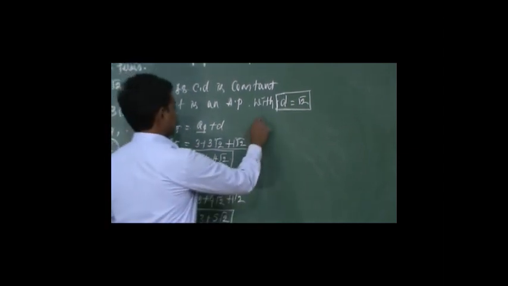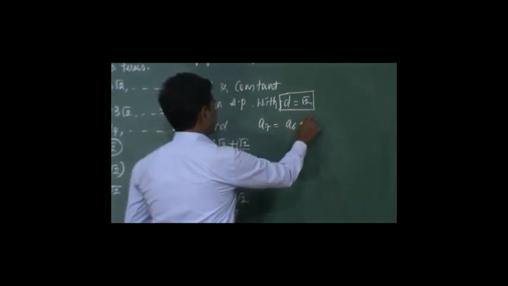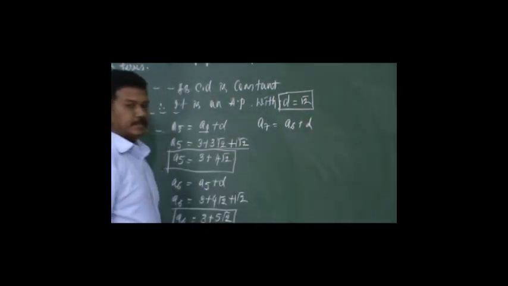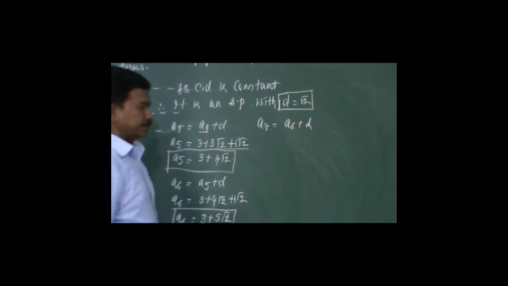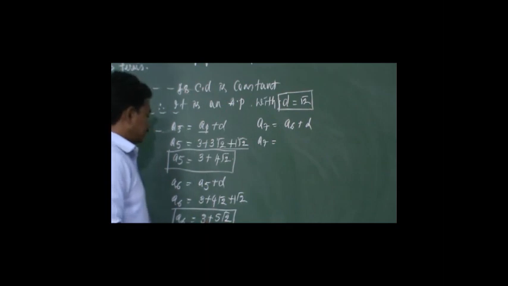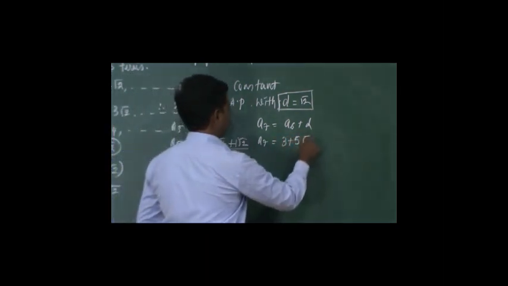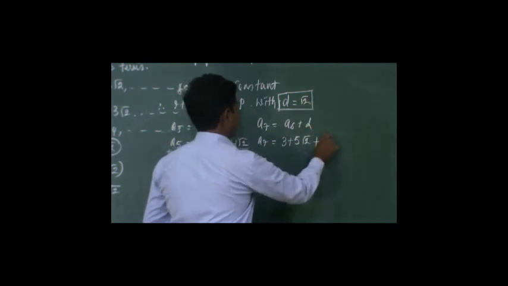Let us go with A7. A7 can be written as A6 plus D. Is that right or wrong? It's right. A6 we are ready with, 3 plus 5 root 2, plus the value of D, root 2.